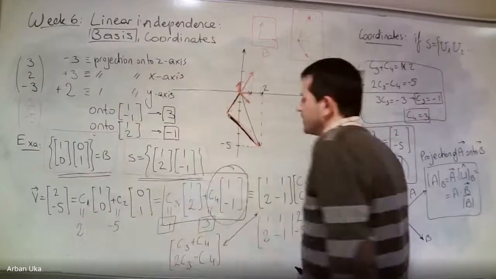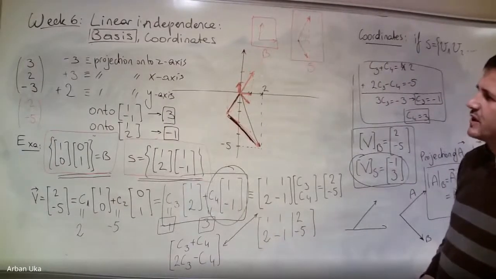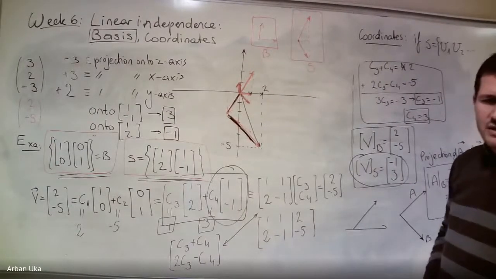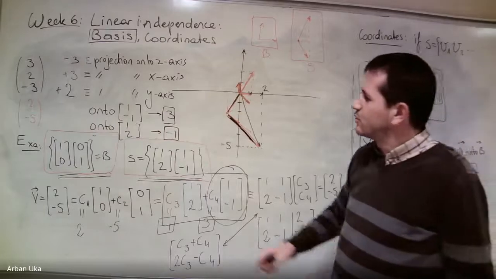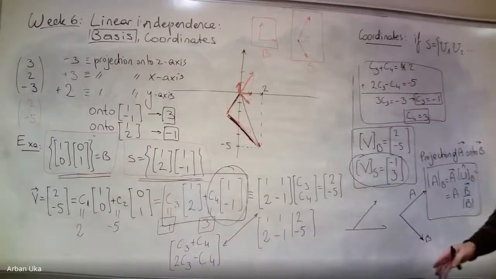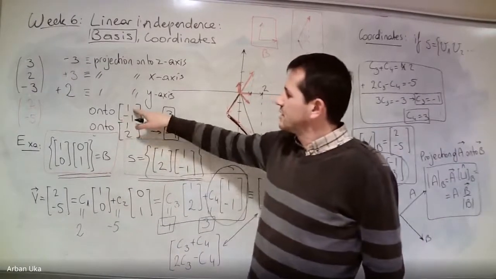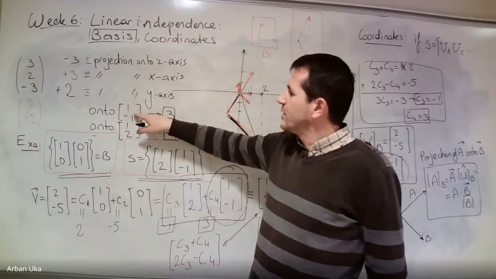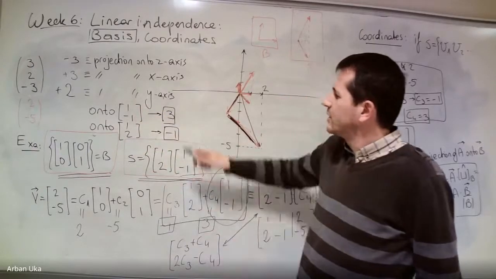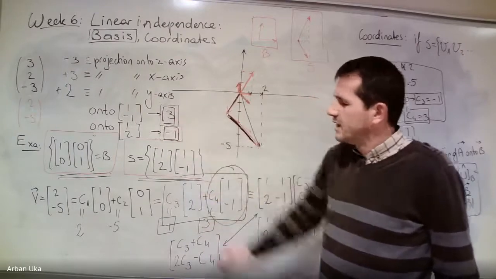But I made a small mistake when I defined that one as a pure projection onto these, and maybe it's better if I ask you this: how many units of this along this axis? This is going to be just 3, and here we get the -1.